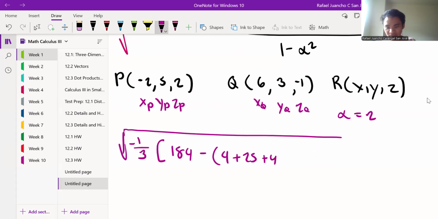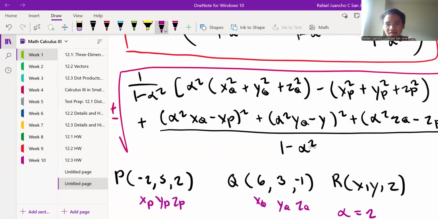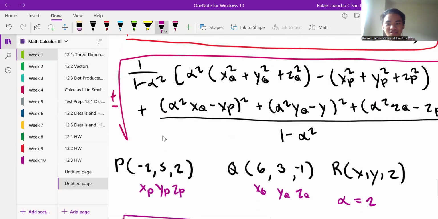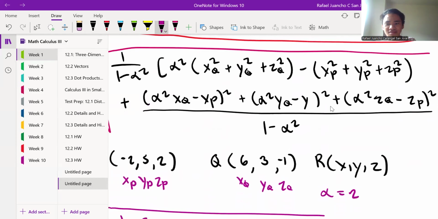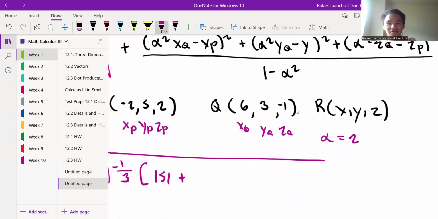So that's 25 plus 8, that's 33. And 184 minus 33 is 151. I'm trying to make it as clean as possible. And now we go to the long part here.